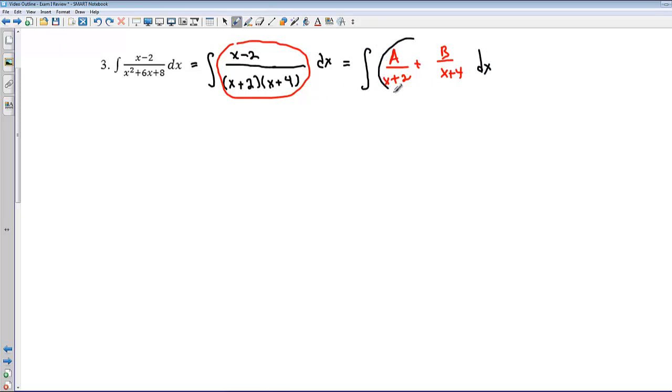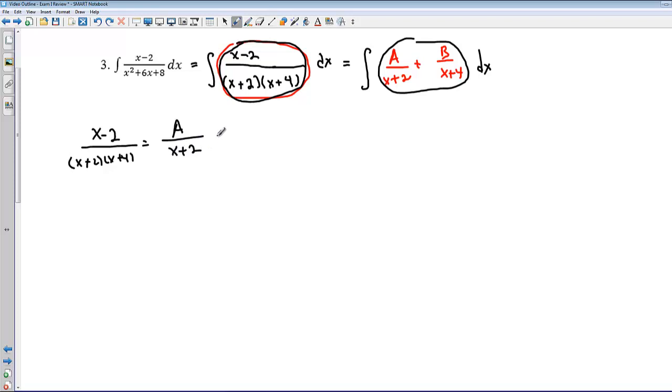And so this is equal to this over here. So we need to find a and b, so we simply set them equal to each other and solve. So x minus 2 divided by x plus 2, x plus 4. And we set that equal to this partial fraction decomposition. So here's a partial fraction. We're just decomposing it in terms of these two partial fractions.